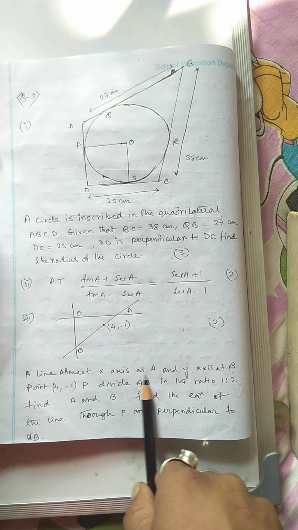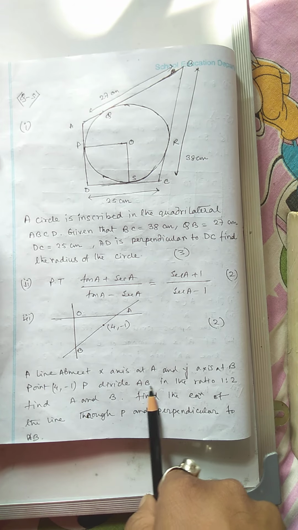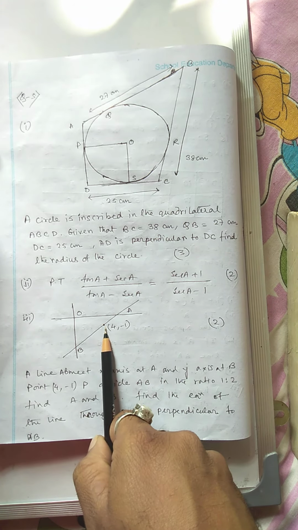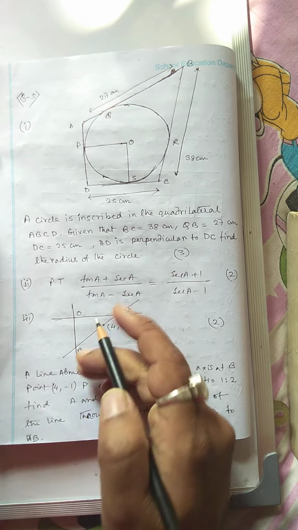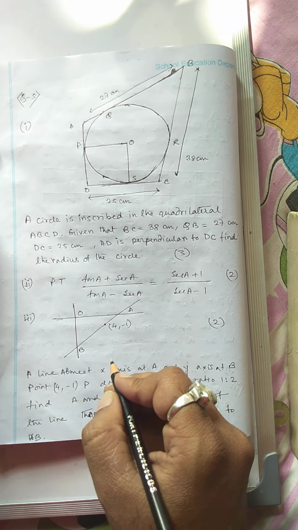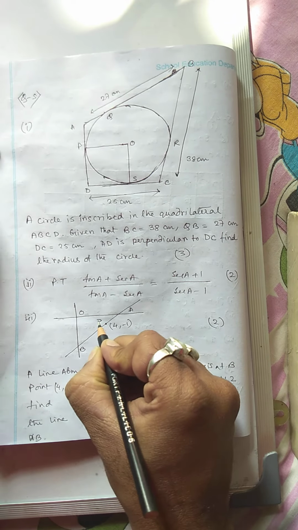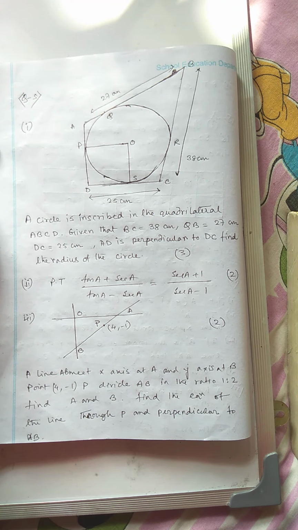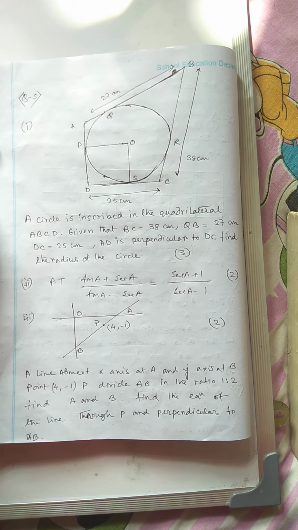A line meets the x-axis and y-axis at A and B, and a point P divides AB in the ratio 1:2. Find A and B. Find the equation of the line through P and perpendicular to AB.